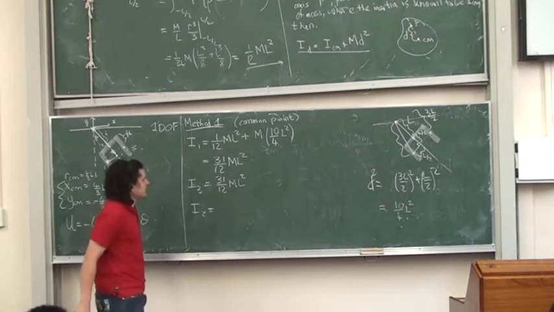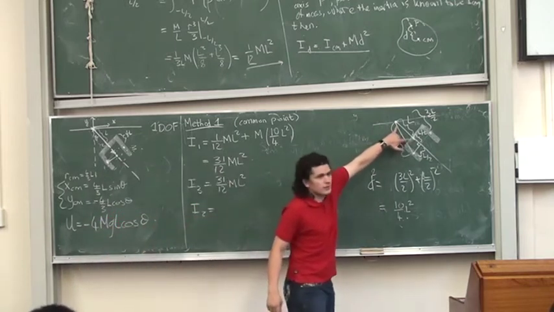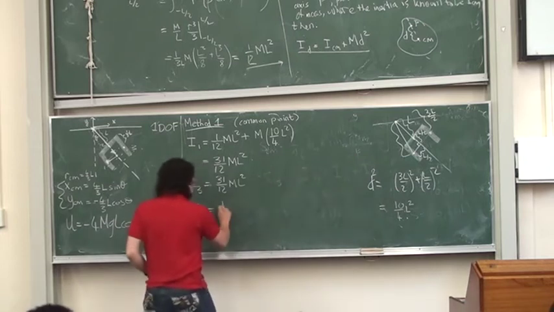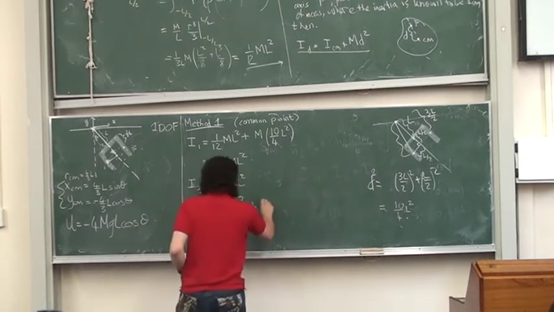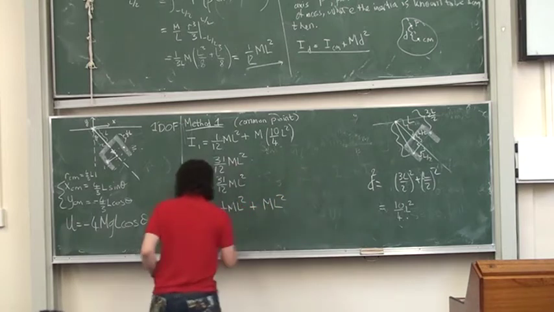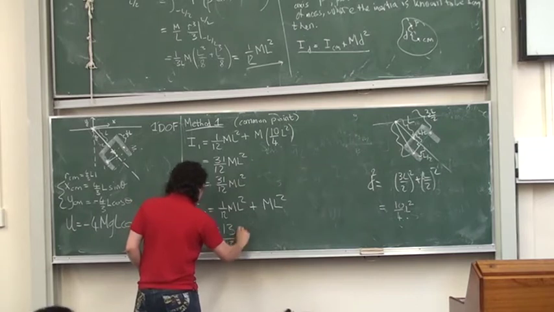I2 is going to be, the distance now is L. So we're going to have 1/12 mL squared plus mL squared, which is simply going to be 13/12 mL squared.